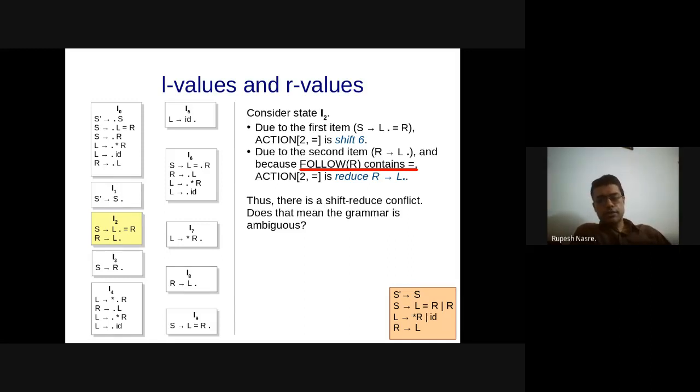Why is that? This particular grammar is not ambiguous, but why is that?